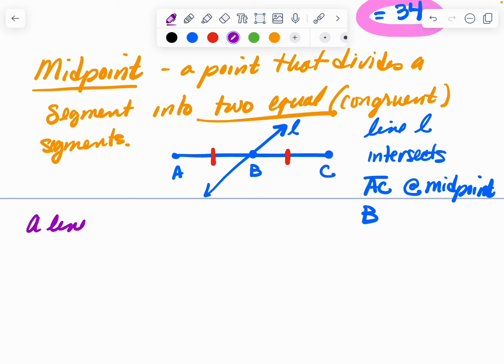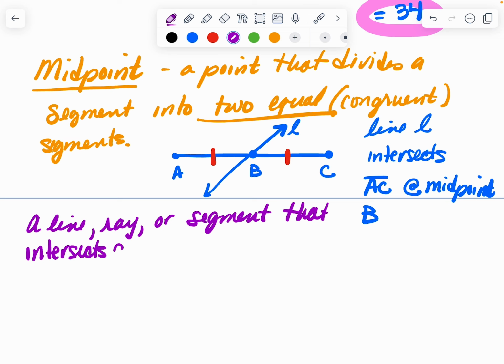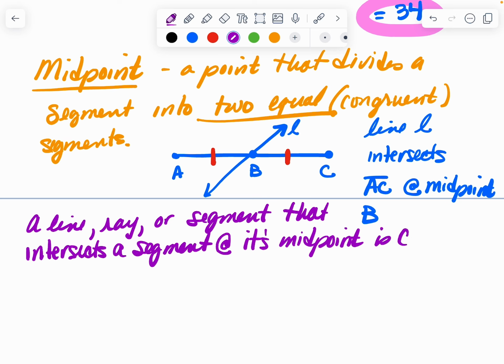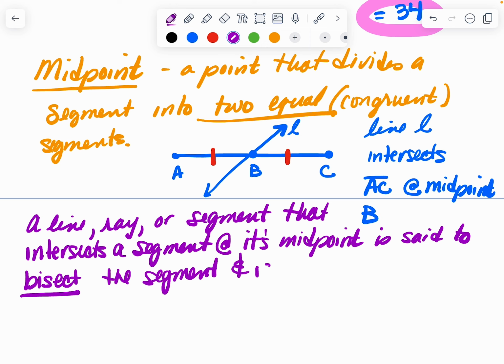So a line, ray, or segment, and I'll explain those in a minute, that intersects a segment at its midpoint is said to bisect, meaning to bisect the segment, and because it bisects it, then it's called a segment bisector.